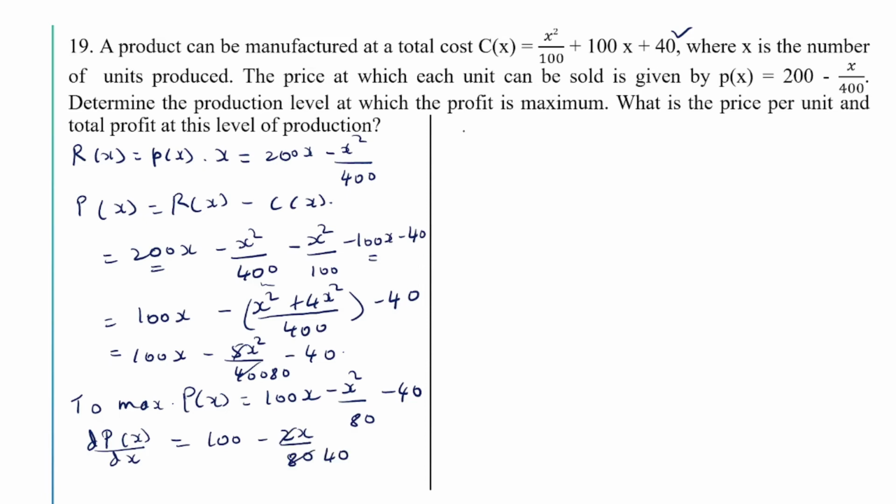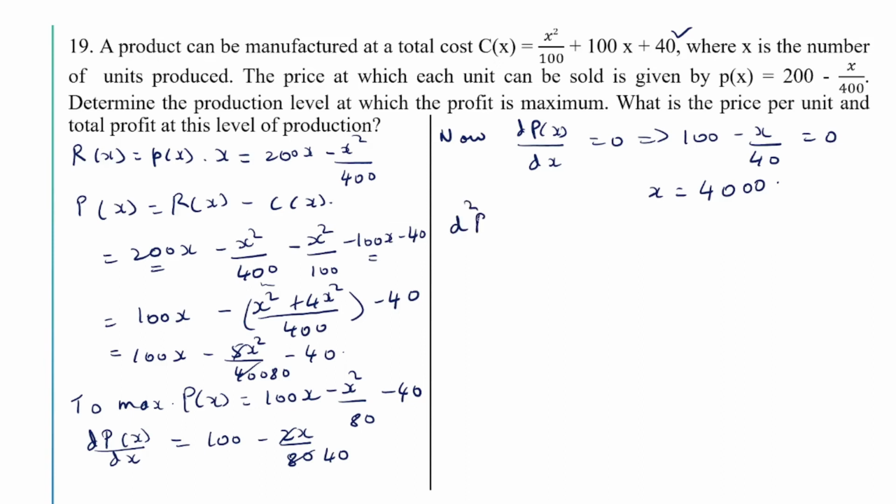So at the critical points dp by dx equal to 0. It means 100 minus x by 40 equal to 0. Or from this we have 100 is equal to x by 40, or x is equal to 100 into 40. It is 4000. Now we find d square p by dx square.